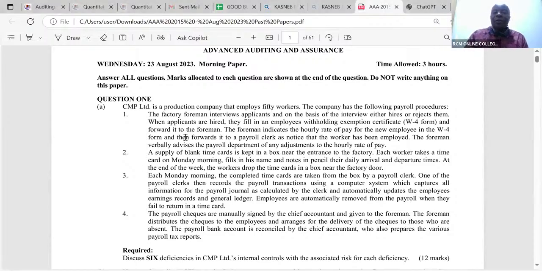All right. So now, ladies and gentlemen, you're reading this. We are told here, the foreman indicates the hourly rate of pay for the new employee in the W4 form and then forwards it to a payroll clerk as a notice that the worker has been employed. The foreman verbally advises the payroll department of any adjustments to the hourly rate of pay.